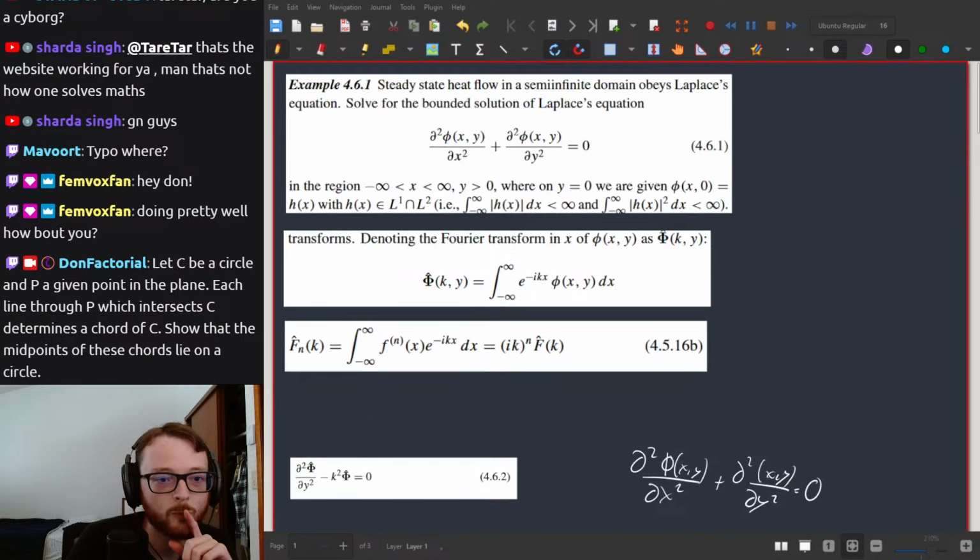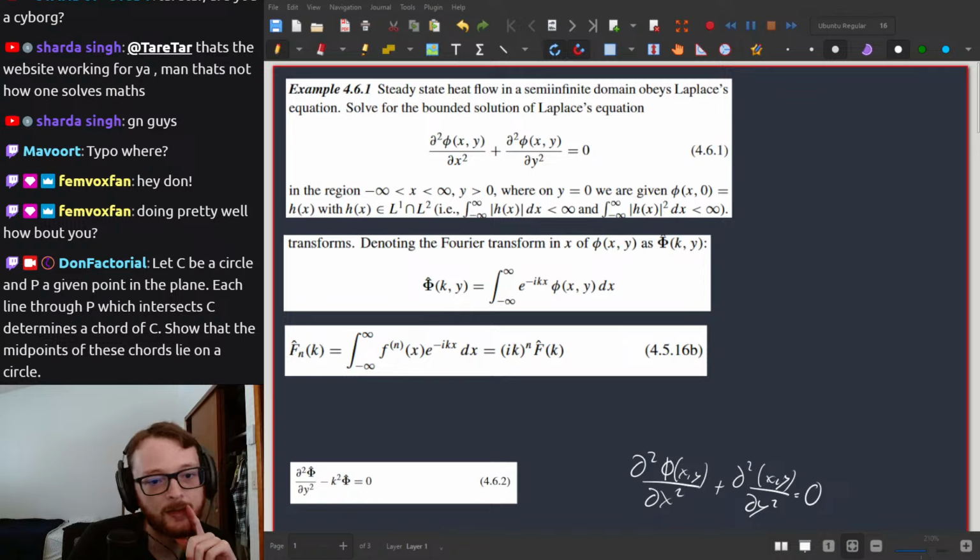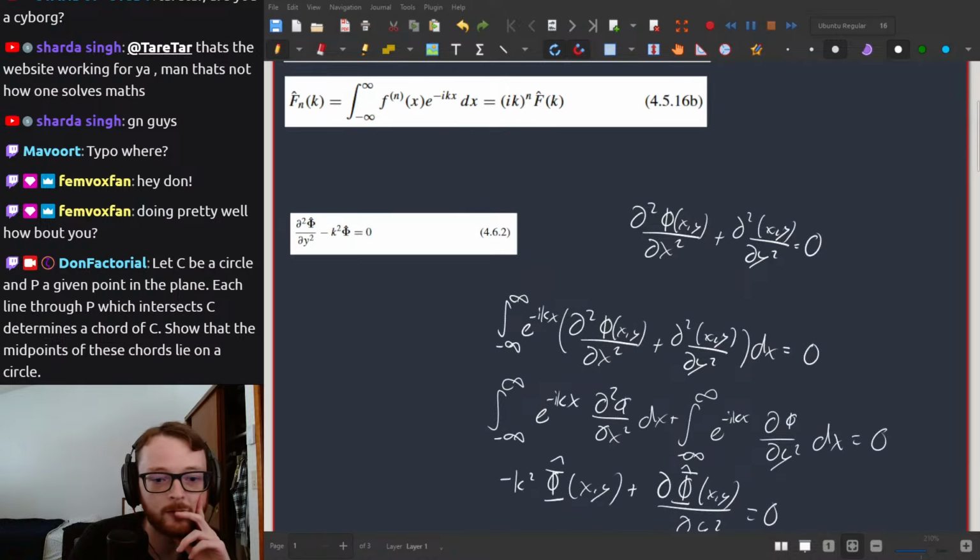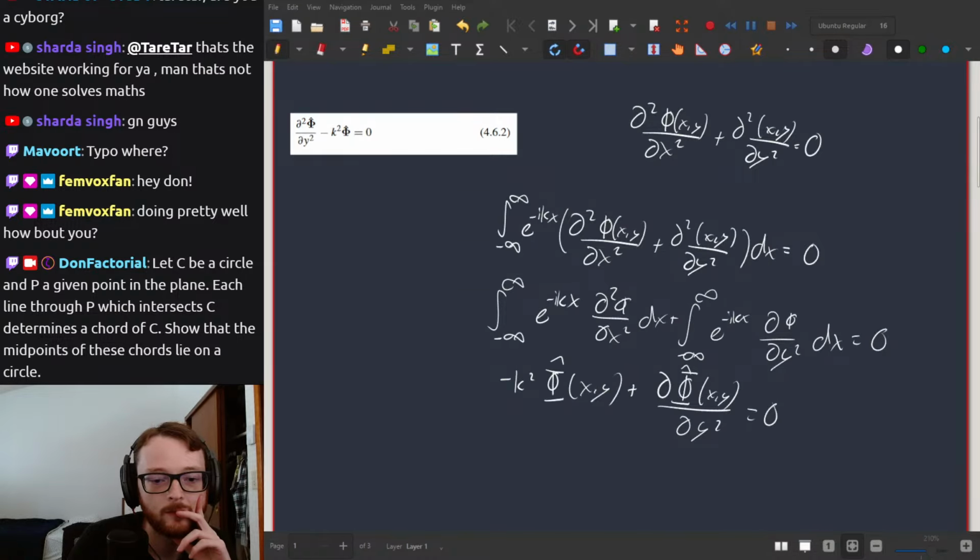Which was to work on complex analysis studying, because this is the section on PDEs, and I'm trying to go through the examples and fill in the gaps that they're glossing over. And so I think I found it.